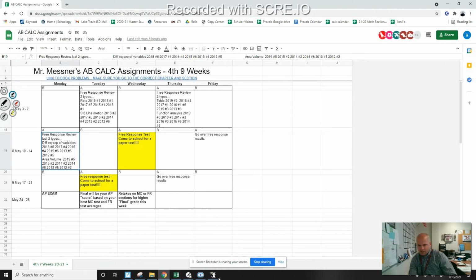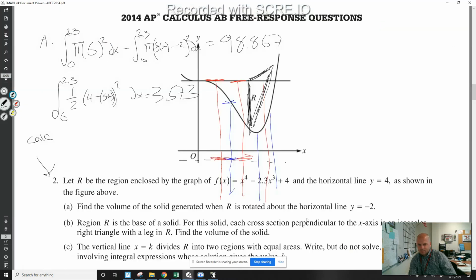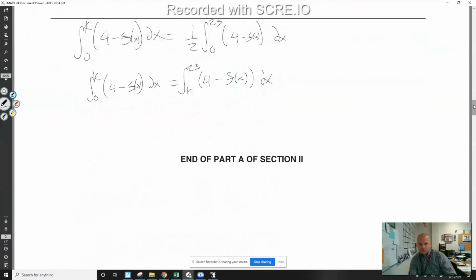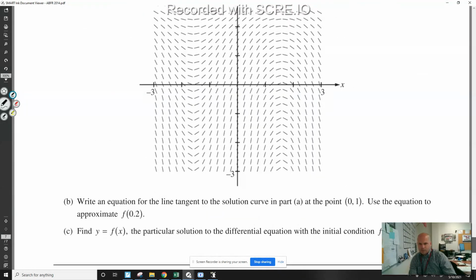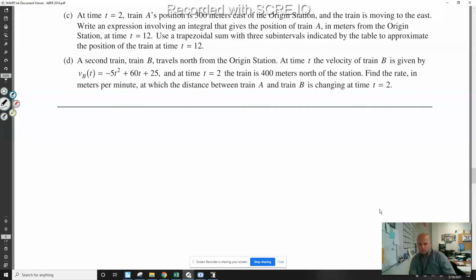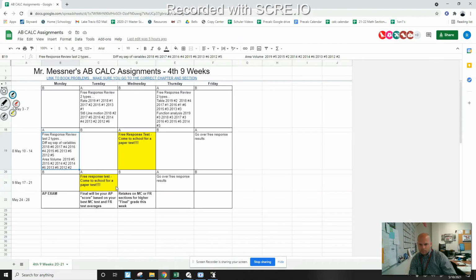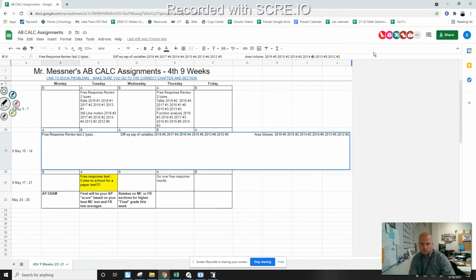2014, number 6? What? That's a differential equation. No, get rid of that. 2013, number 5.